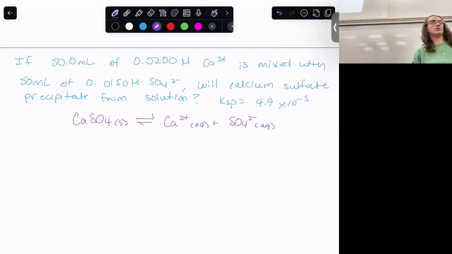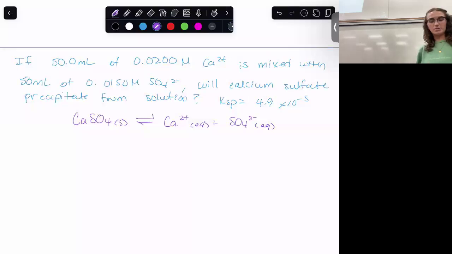What do you think is the next thing we have to do, or what's another thing that we might have to do? Right, we do need to figure out where we are.